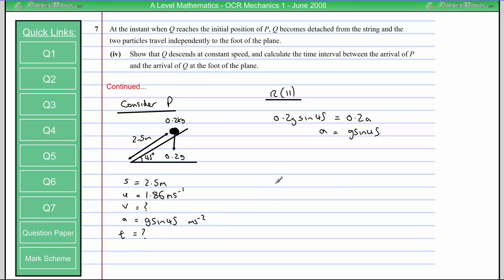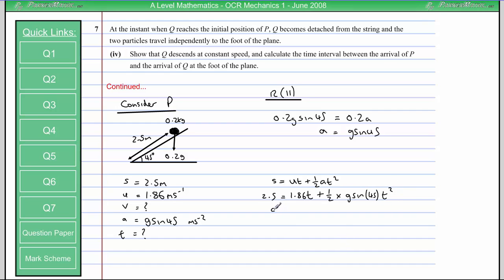So once again, we can use s equals ut plus half at squared. So our value for s is 2.5. We're going to get 1.86 t plus a half multiplied by g sine 45 t squared.